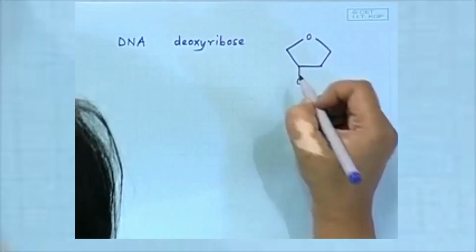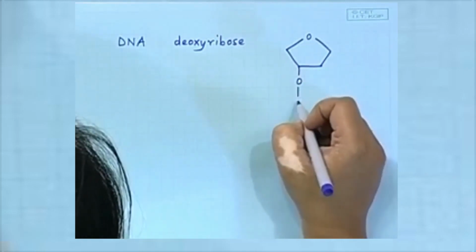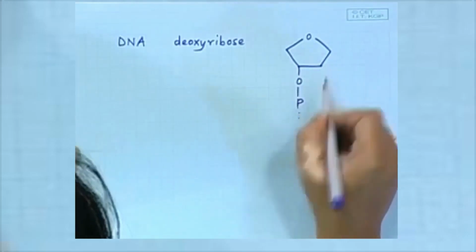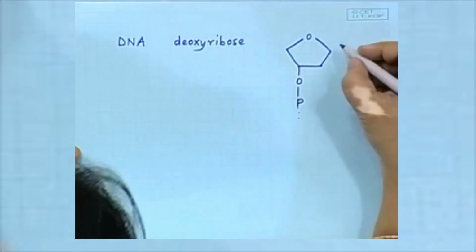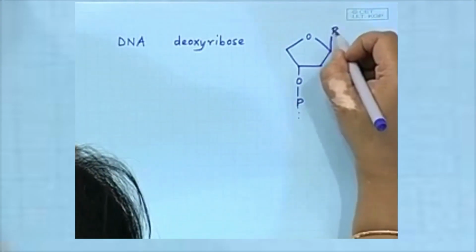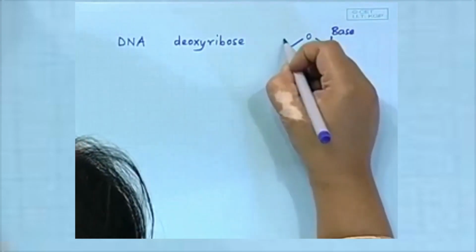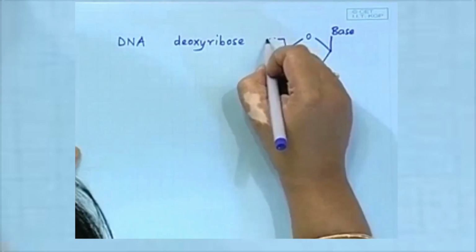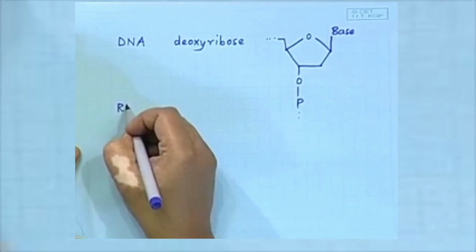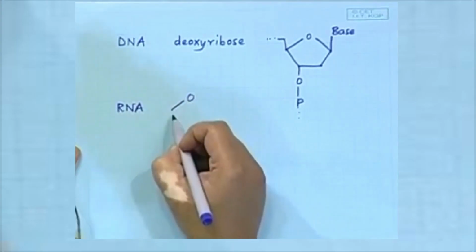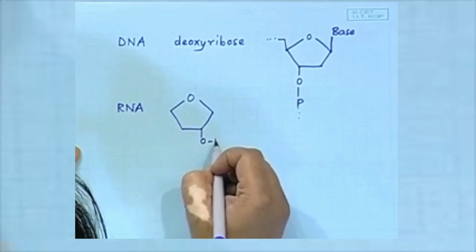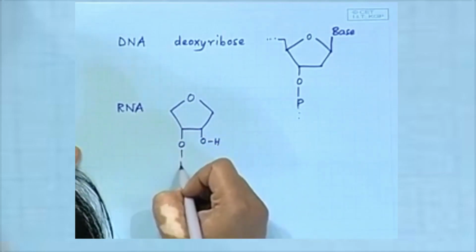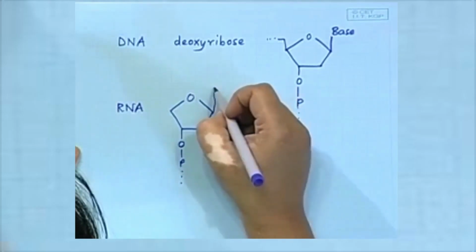It's essentially the same, and so on. This is missing. It's deoxy at the 2 prime position. Whatever the rest of the chain. What did I have for RNA? I had this. OP, rest of the chain, and the base.